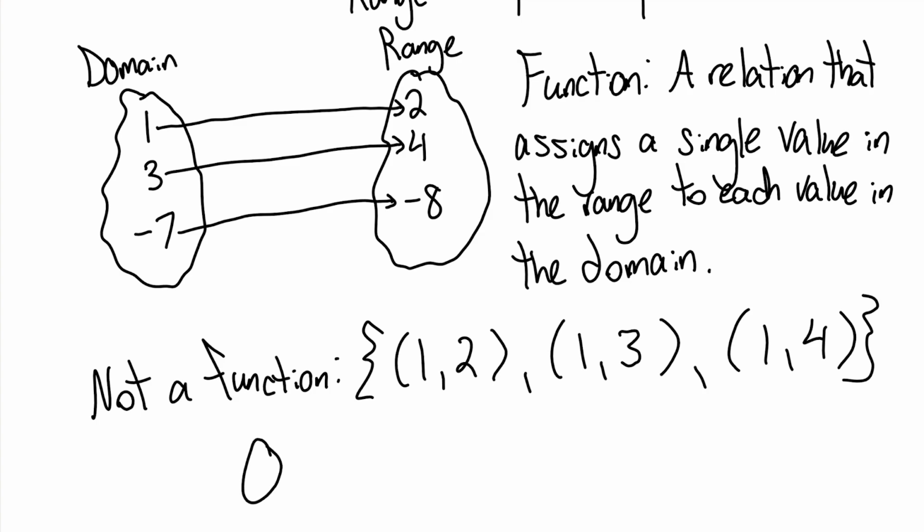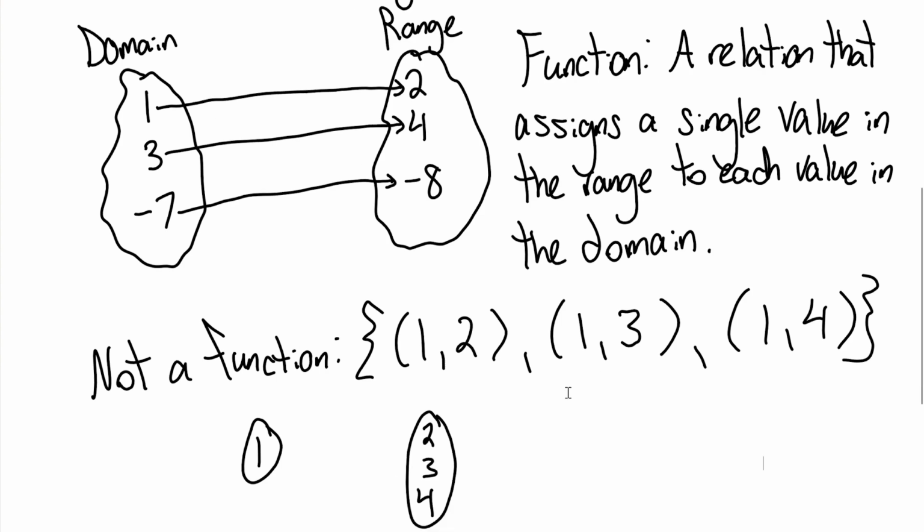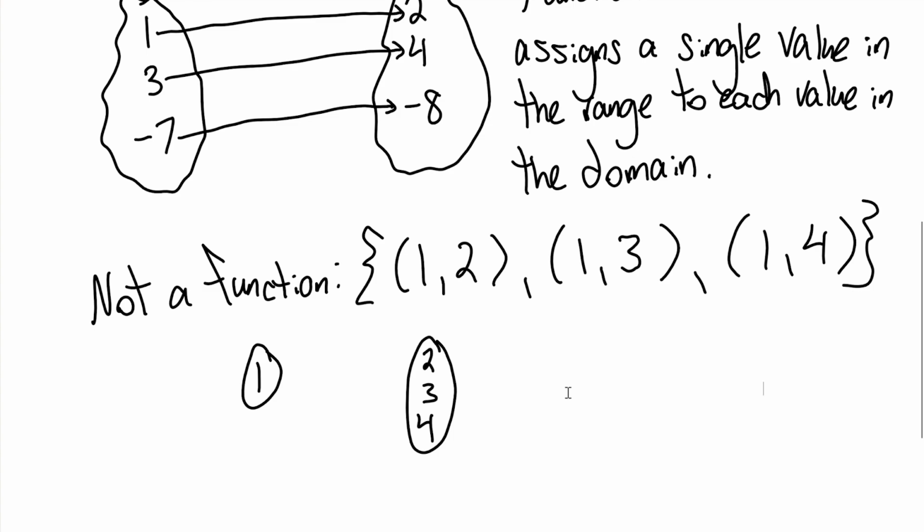If we were to draw this, our domain is just the 1 here. The range is 2, 3, and 4. And we can see that 1 is mapped to 2, 3, and 4. So we have multiple arrows coming out of the 1. This prevents it from being a function.